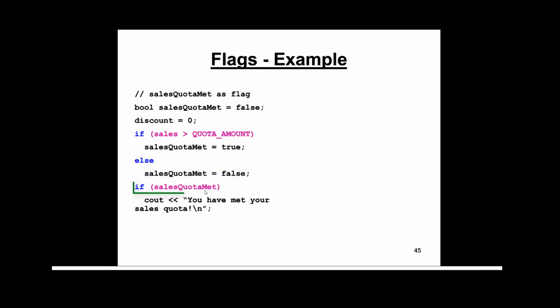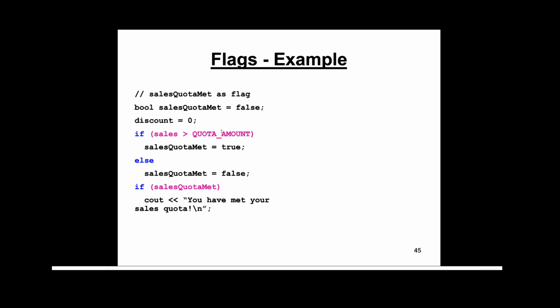And then if sales quota met, you have met your sales quota. Can you see what the program does over here? If the sales is above a certain amount, quota amount, then this statement will be true, and we want to display this: you have met your sales quota.